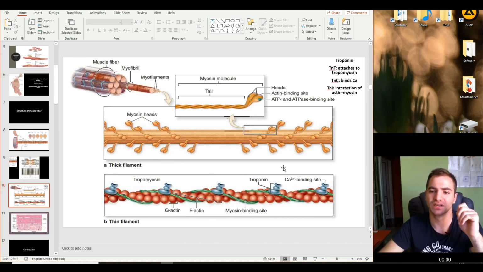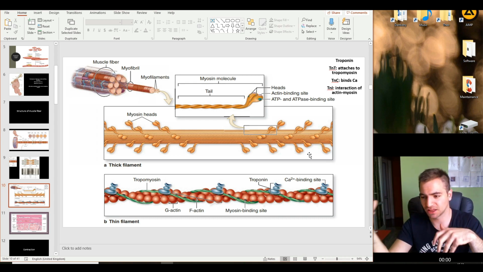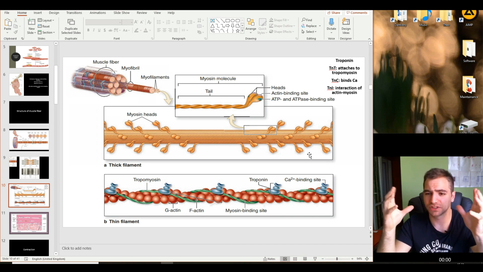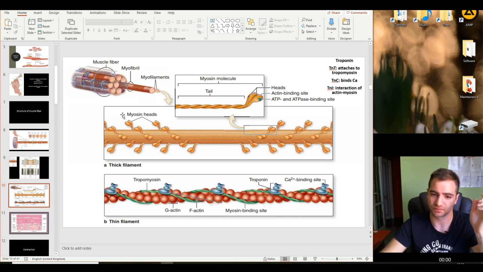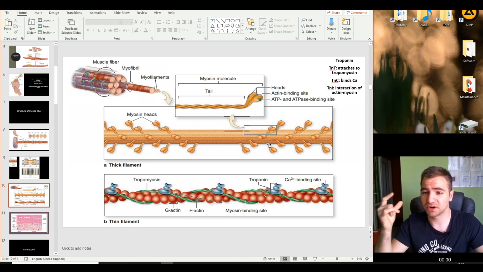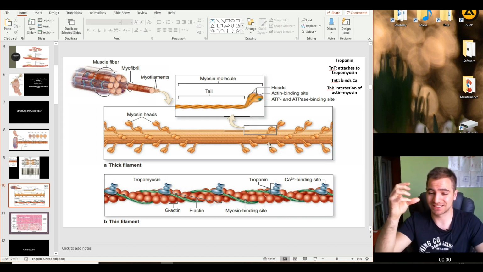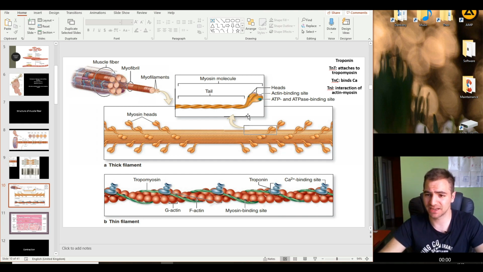Now, let's focus a bit more on the structure of the actin filaments and the myosin filaments. Again, the thin and the thick. Let's talk first about the easier part, which is the thick. The thick filament, again, this is the myosin, is a cytoskeletal part that is responsible for attaching. This attaches on the thin filament. These myosin heads contain ATP binding sites. ATP, of course, we know is the source of energy.